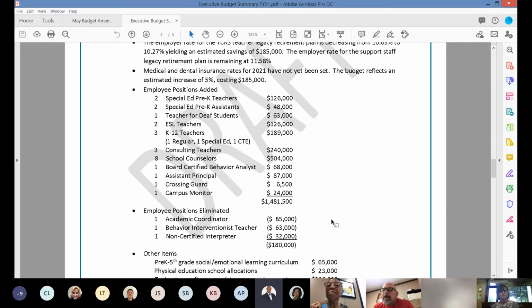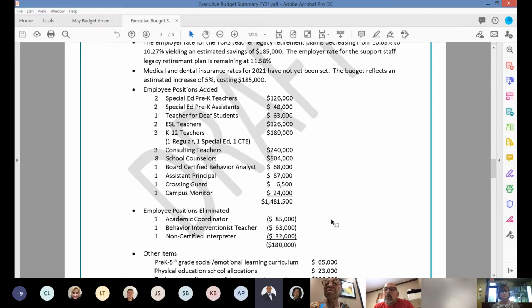A single principal in a building cannot perform all those tasks by him or herself. So instead of adding an assistant principal, we use the position of consulting teacher to assist in those matters. We've had schools that don't rate elementary principals that we fill that gap with. The one assistant principal that you see, at the bottom, is where our academic coordinator was deleted. That academic coordinator was moved to assistant principal.